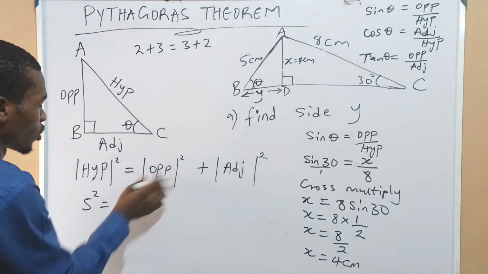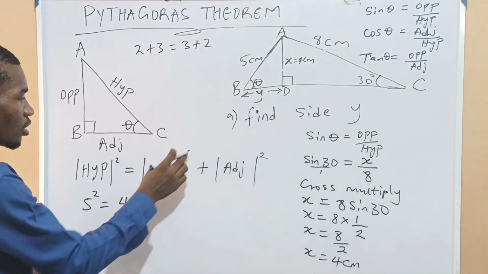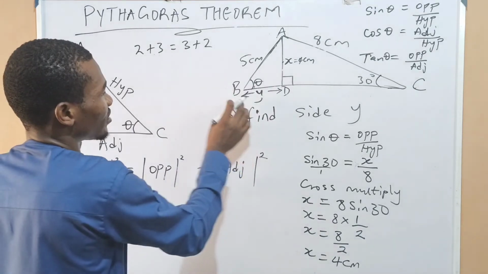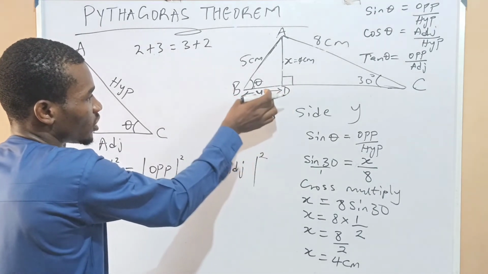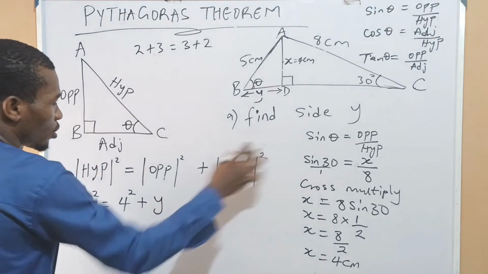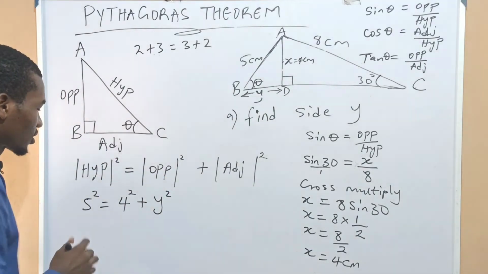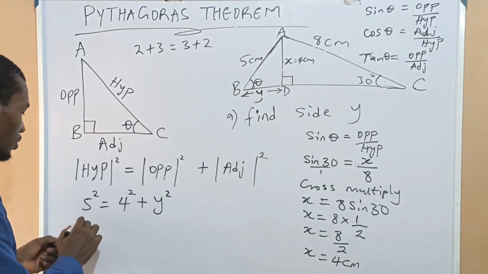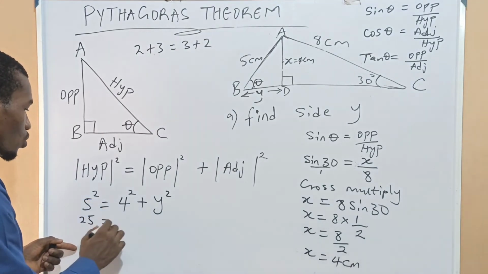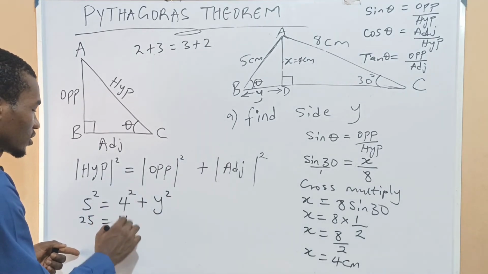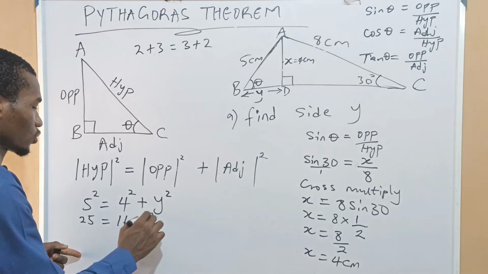Then we substitute the opposite with 4 centimeter all squared, plus the adjacent side is the remaining side BD, which is the y we are asked to find. Then we put y all squared, such that 5 squared is the same thing as 5 times 5, which is 25, and that is equal to 4 squared is 4 times 4, which is 16, plus y squared.